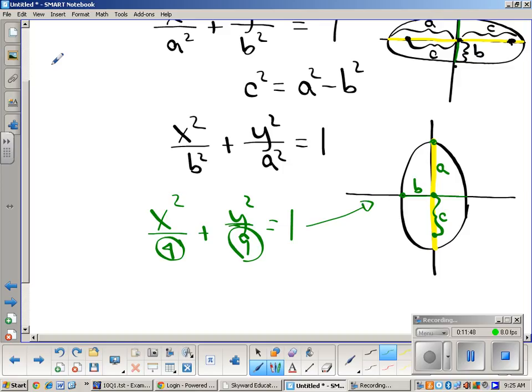If it was x squared over 9 plus y squared over 4 equal to 1, now the bigger number of the two is under the x, so I'm looking at that model.